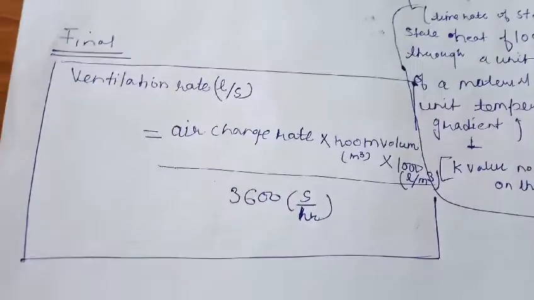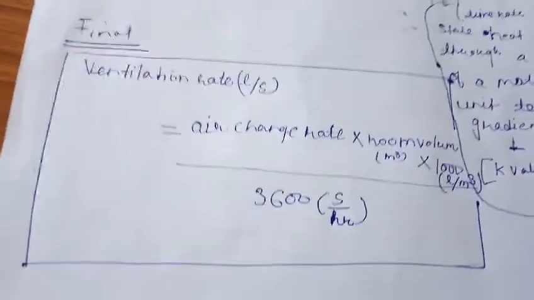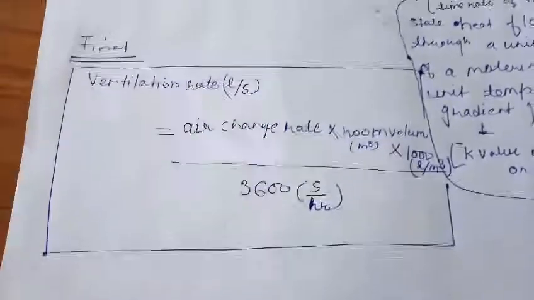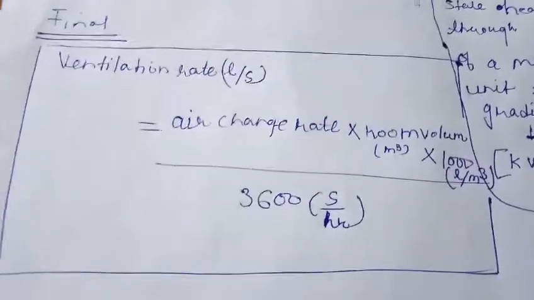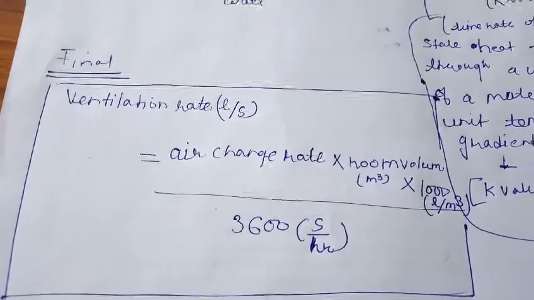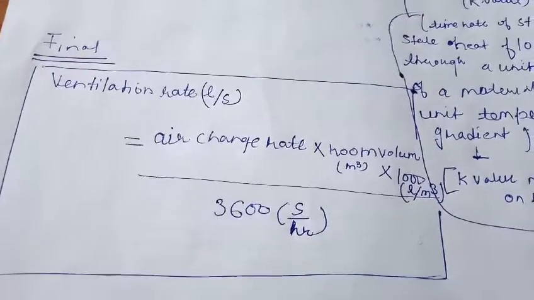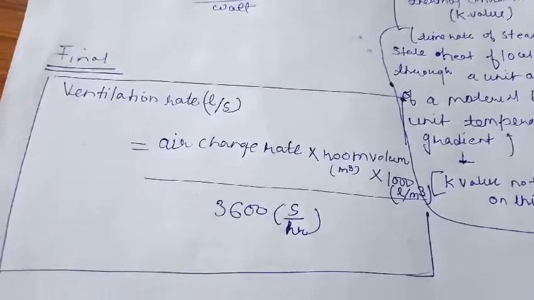So now finally we get the formula for ventilation rate in liter per second. Ventilation rate in liter per second is air change rate into room volume into 1000 divided by 3600.